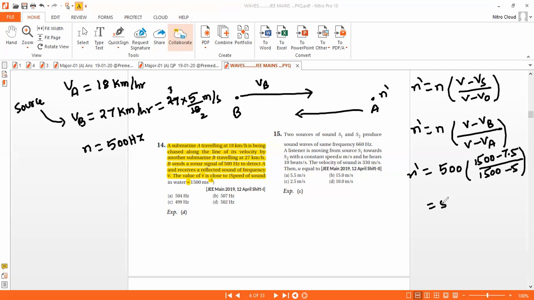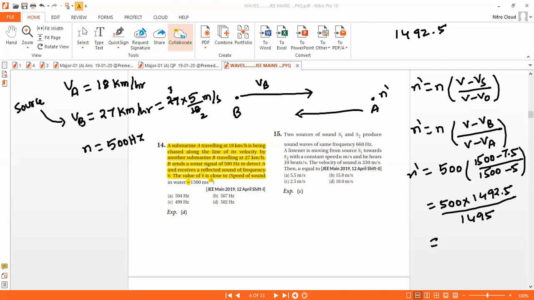So it is 500 multiplied by 1500 minus 7.5, that is 1492.5. 1500 minus 5 means 1495.